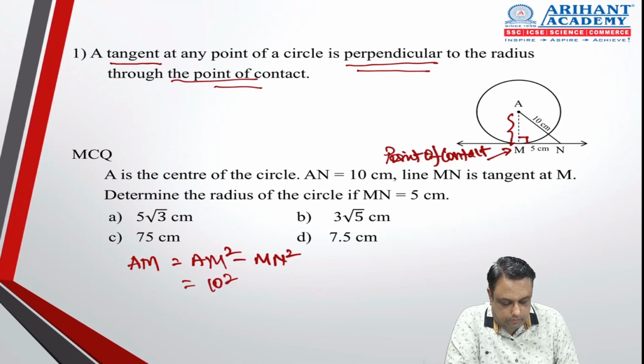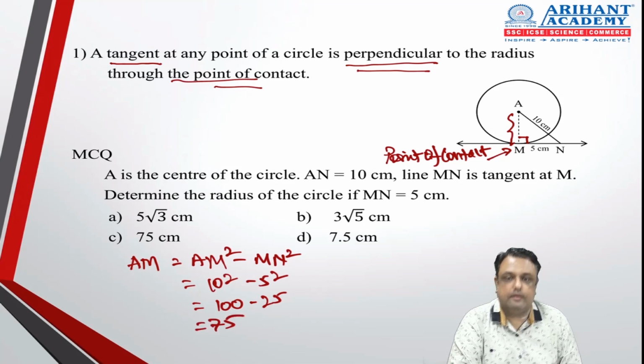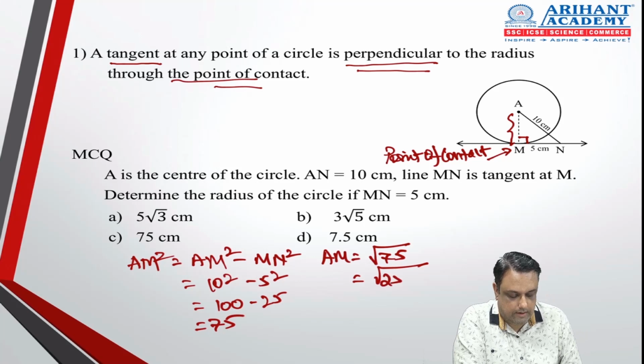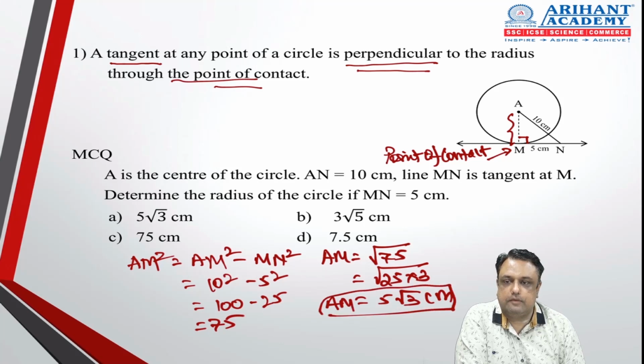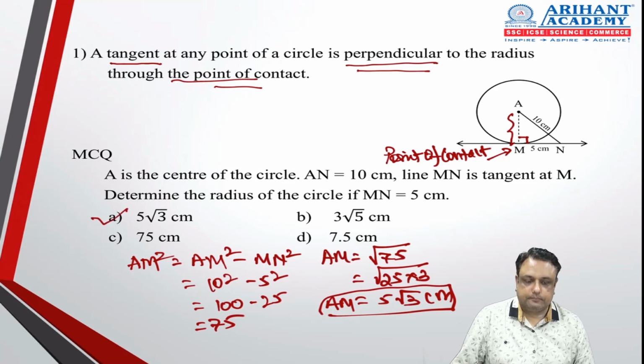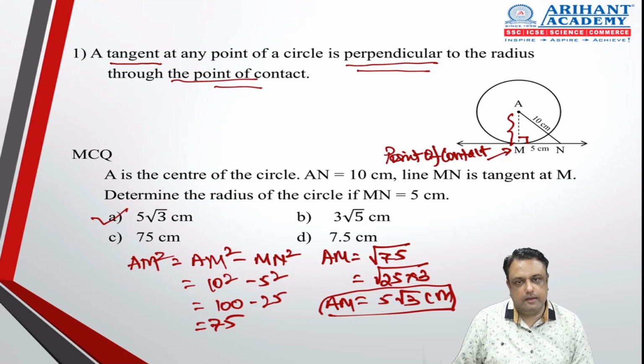So 10 square minus 5 square, 100 minus 25, that is 75. So AM square is 75, AM is under root 75. Can I write 25 into 3? So that will give you 5 root 3. So AM is 5 root 3 centimeter. Option A is the correct answer. I hope everyone is clear with this.